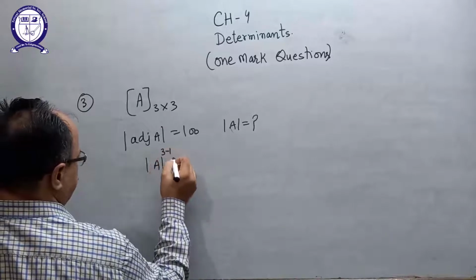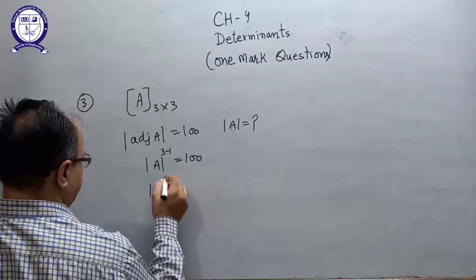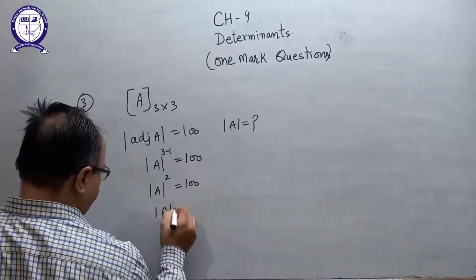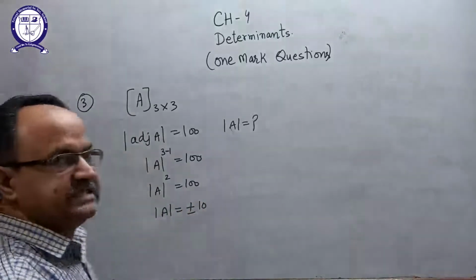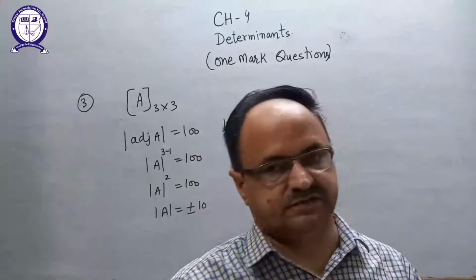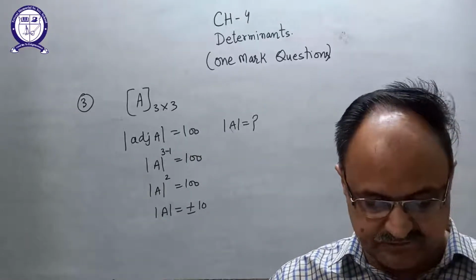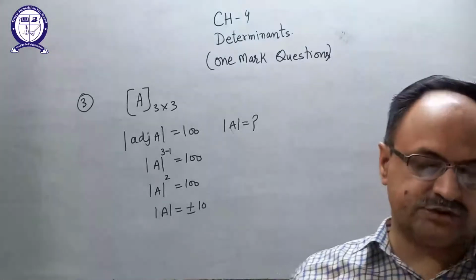N is 3 here, so 3 minus 1, that is 100. You can say determinant of A to the power 2 is equal to 100. Therefore, determinant of A is equal to plus minus 10, because determinant may be negative or positive. This is the answer of this question. Clear? Correct?